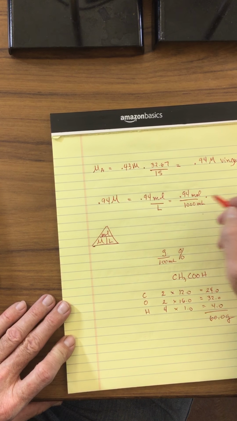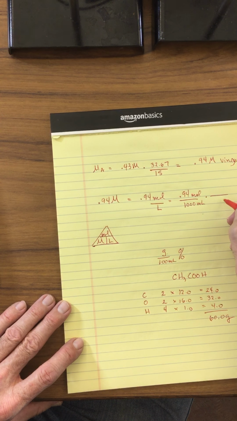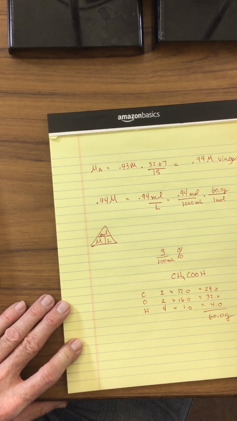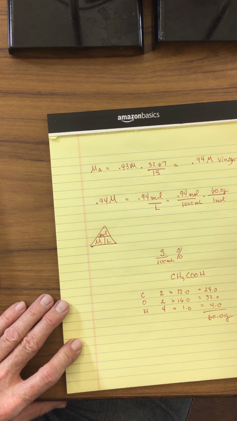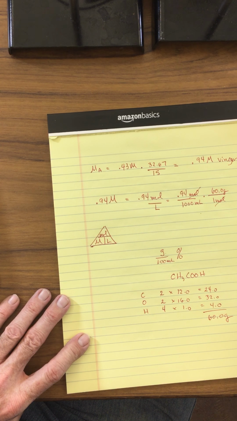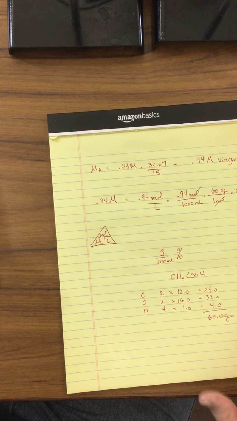So I want to cancel my moles and convert it into grams. 1 mole of vinegar weighs 60.0 grams. So my moles are going to cancel, and I'm going to be left with grams per milliliter. And I said an easy way to calculate the percentage is to take the mass divided by the volume of the solution and multiply by 100%.